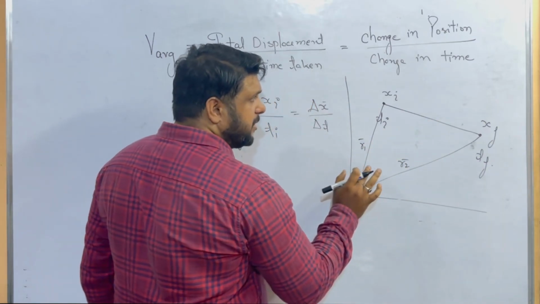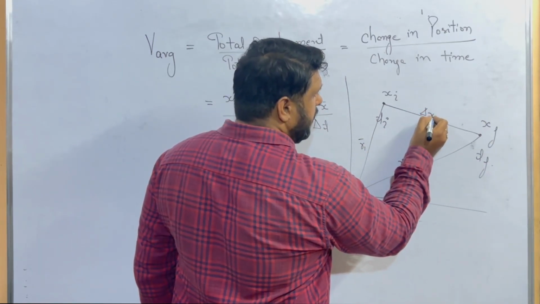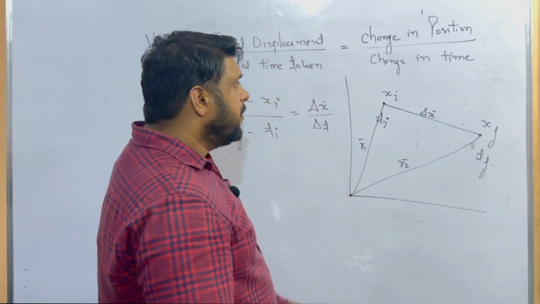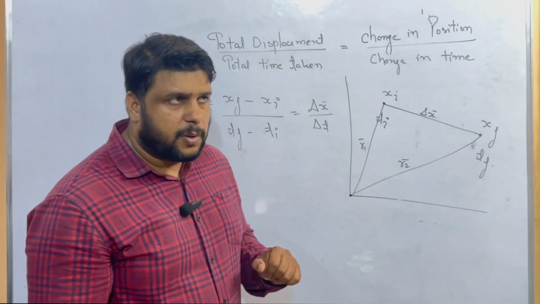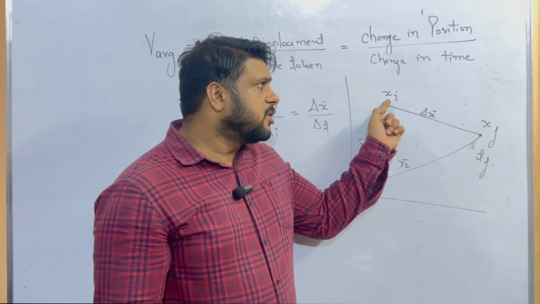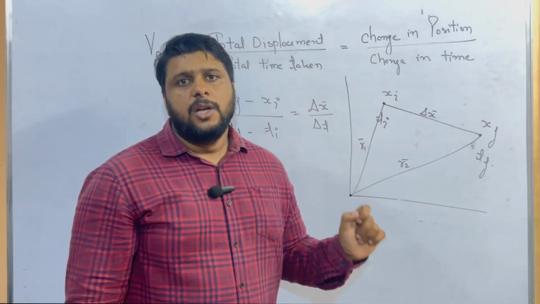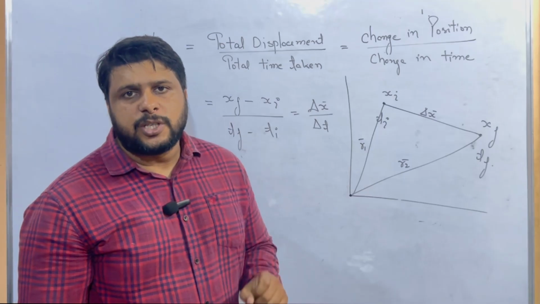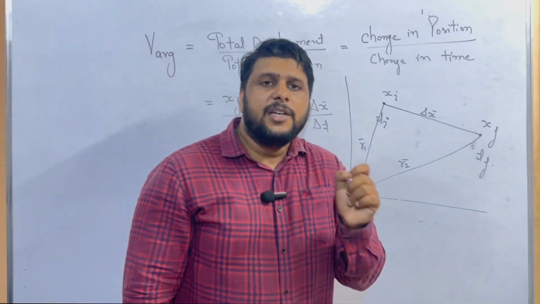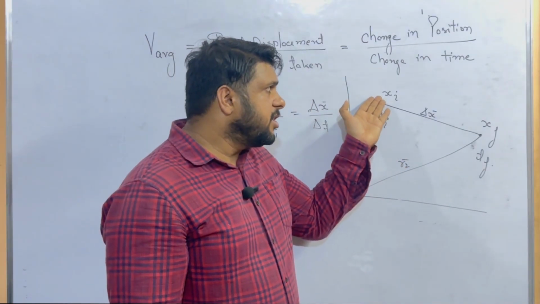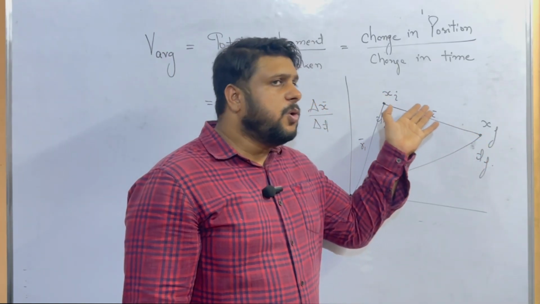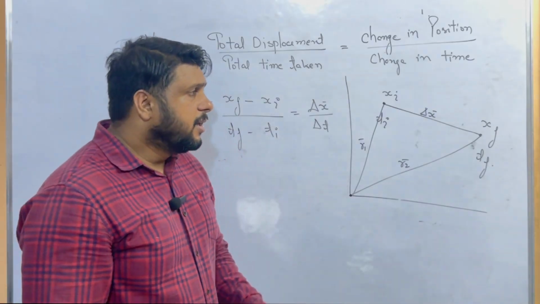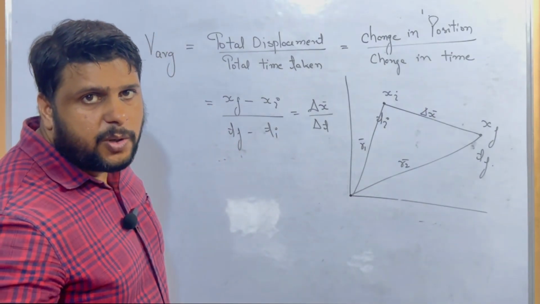This is displacement, this is your del x. Now we have to find the direction of the velocity. The direction of the velocity is also in this direction. So the direction of the average velocity is the same as that of the change in position, because the change in position is also happening in this direction. I hope it's clear to everyone now.